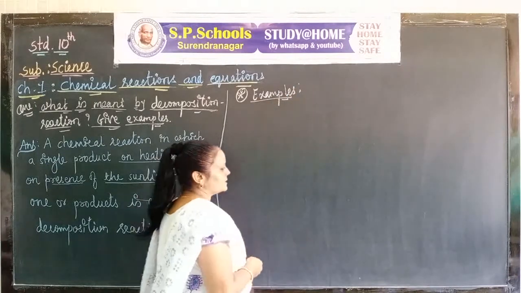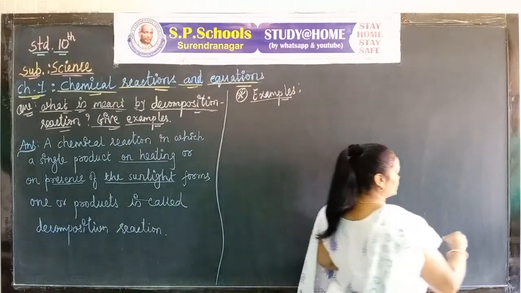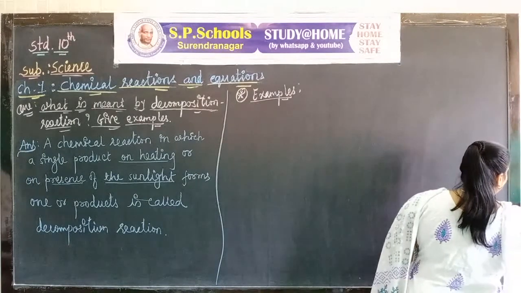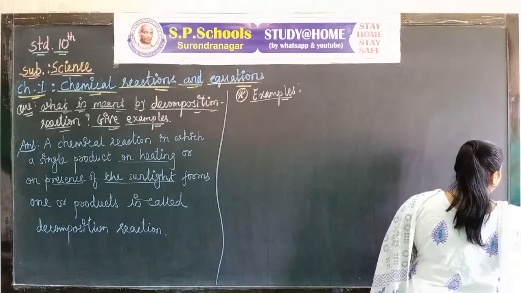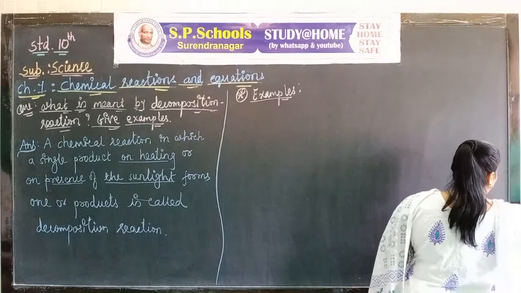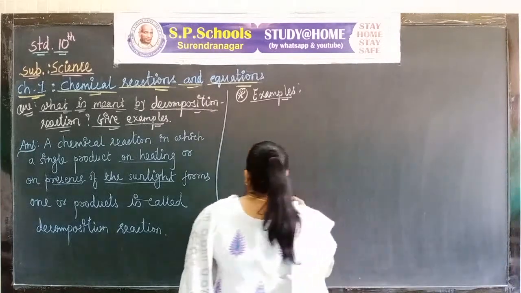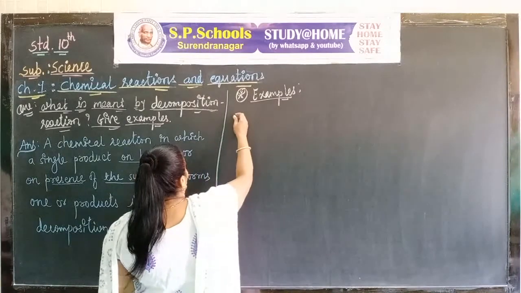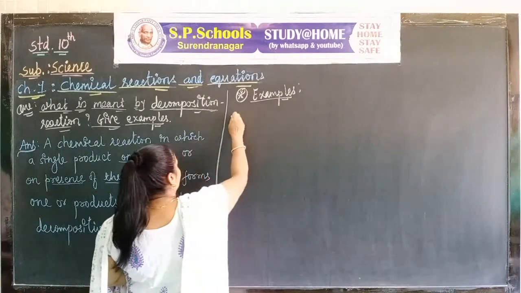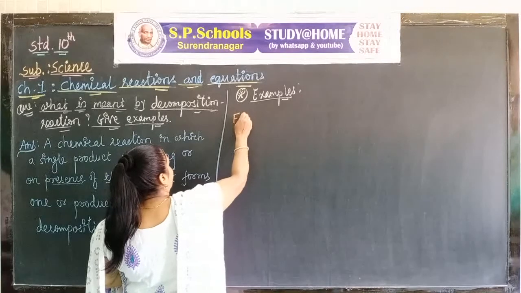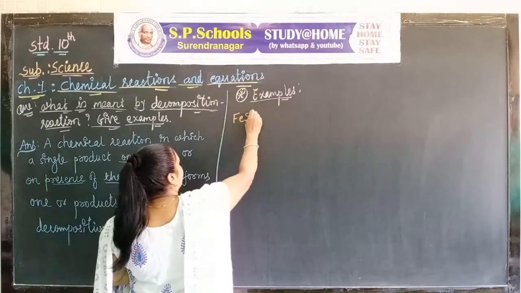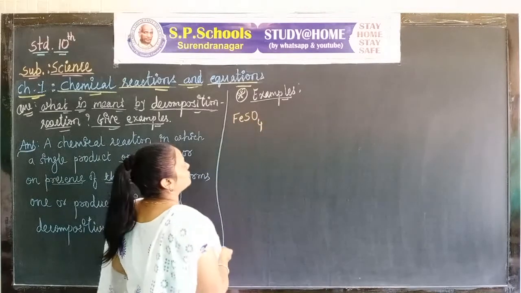First we give the example of ferrous sulfate, which we already studied in activity 1.5. The first example is ferrous sulfate, so we write FeSO4.